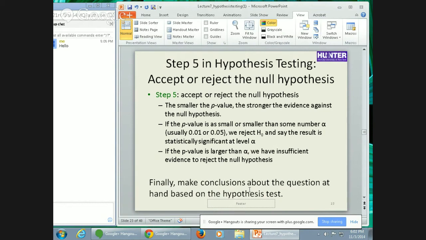It depends on what the relative cost of a type 1 error versus a type 2 error is. If the cost of a type 1 error is very high, then you set alpha small, like in the criminal justice example. If you think that the cost of a wrongful conviction is very high, then you would set your alpha very small. You would want to make the probability of that wrongful conviction very low.